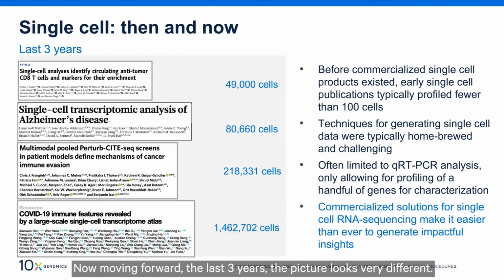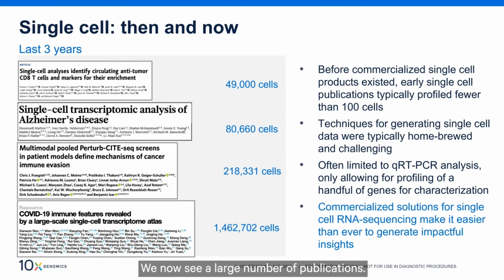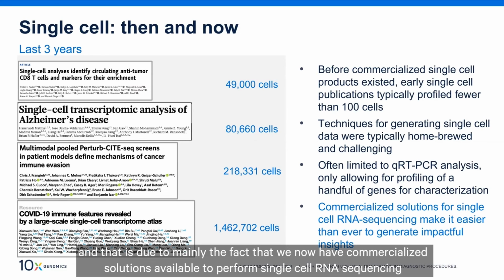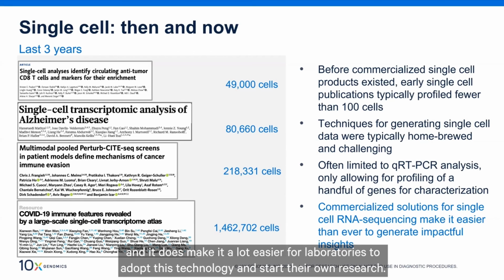Now, moving forward to the last 3 years, the picture looks very different. We now see a large number of publications where many more, up to 1 million cells, are profiled. And that is due mainly to the fact that we now have commercialized solutions available to perform single-cell RNA sequencing, and it does make it a lot easier for laboratories to adopt this technology and start their own research.